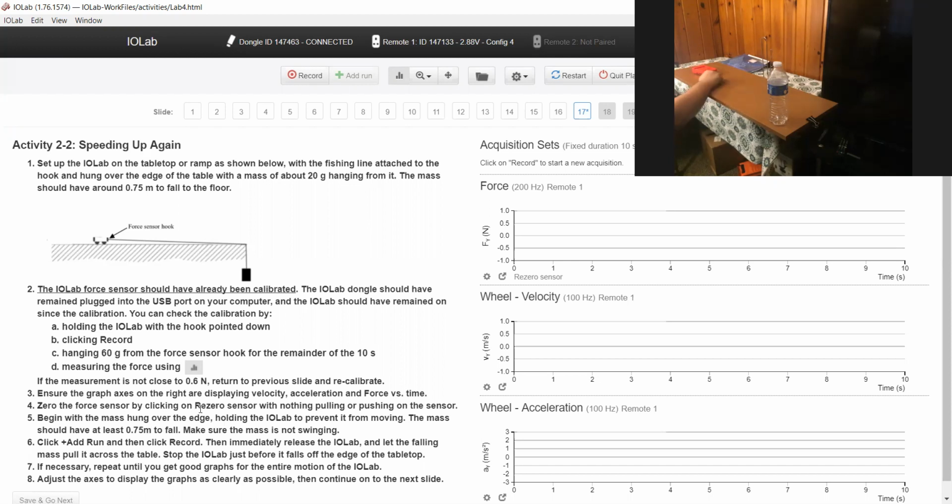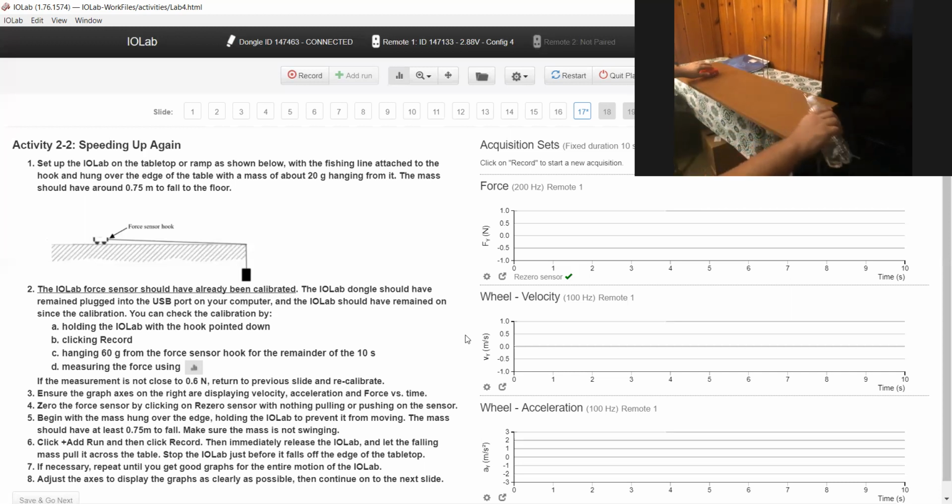While it is being zeroed, nothing should be pulling it, so you can let the string loose. Nothing is pulling, so click on the sensor.